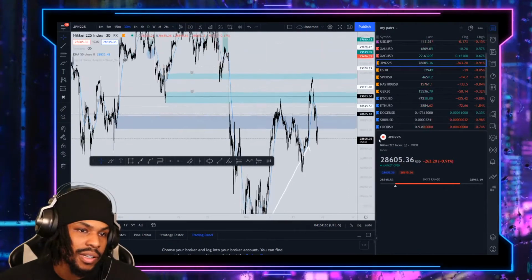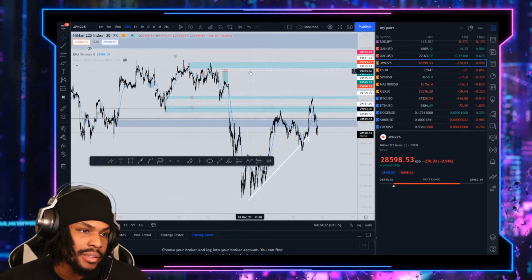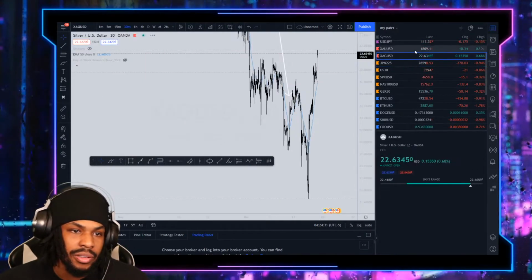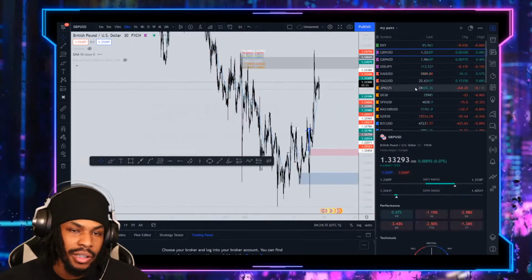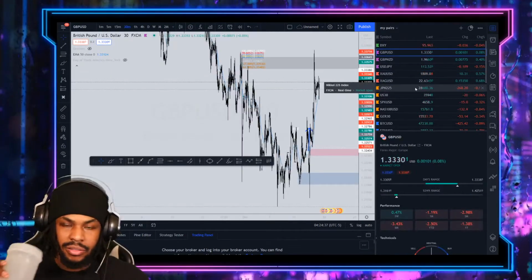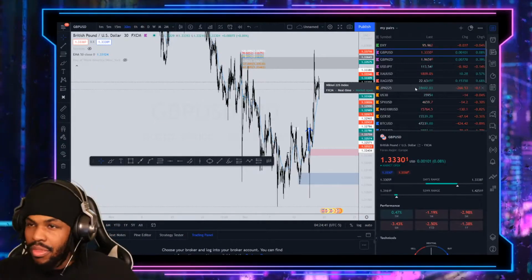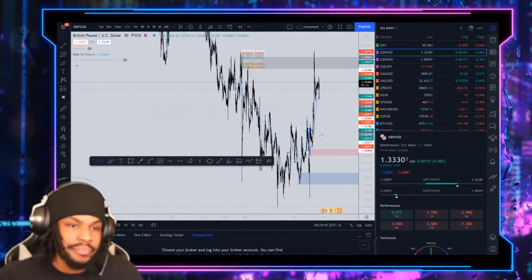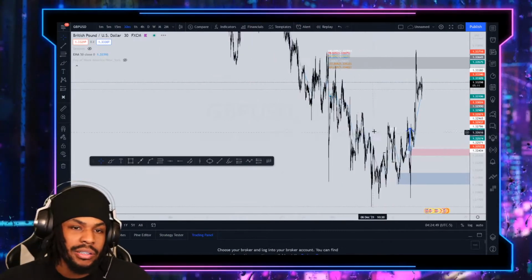JPN 225. All right, cool. If I do incorporate anything else into my trading plan, it'd be like a JPN pair or something like that. Oh, wow. All right, cool. Let's go ahead and get into GBP USD. See what we got going on.